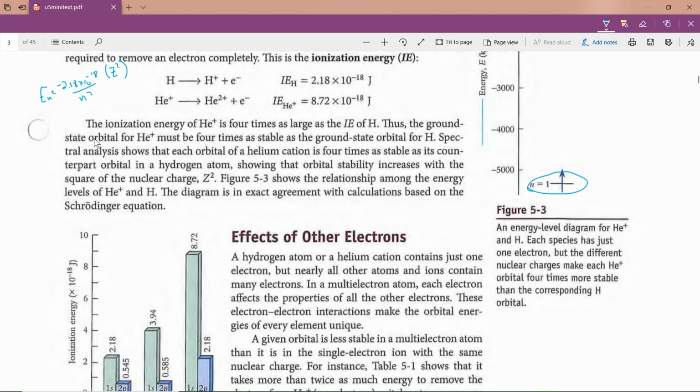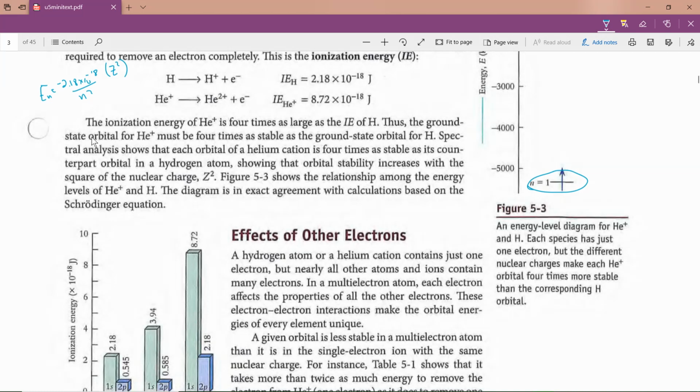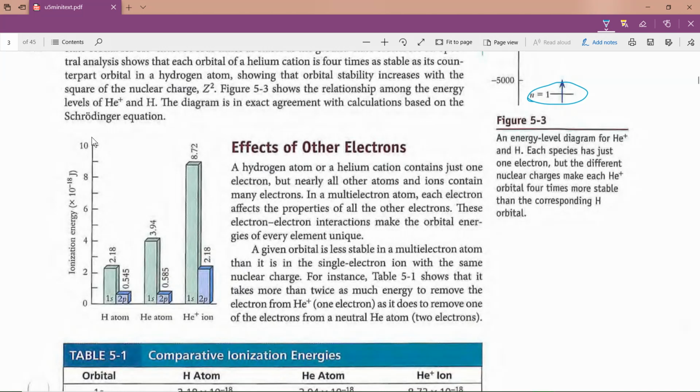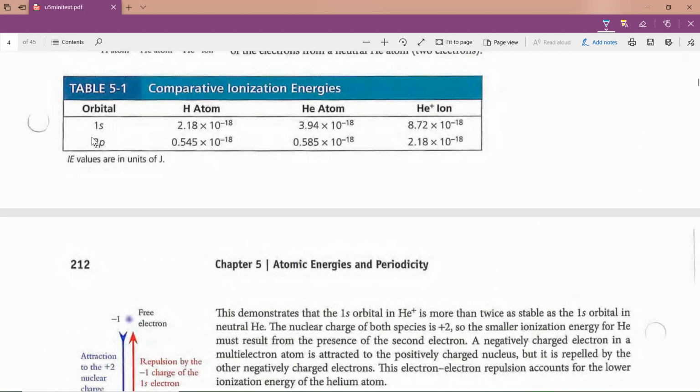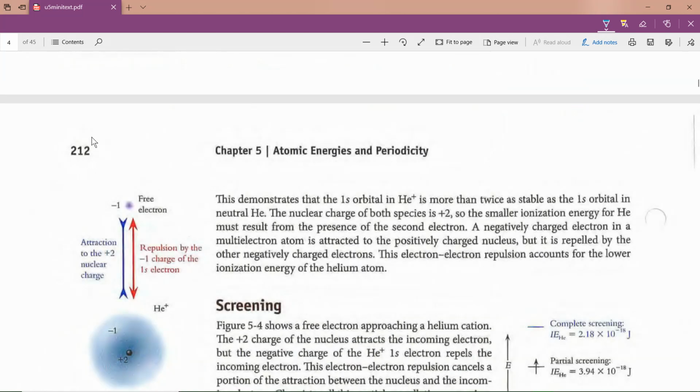That's why it's 4 times, because helium's atomic number is 2, 2 squared is 4. Lithium 2 plus you would multiply by 9, right? But it only works for one electron atoms. Effects on other electrons, well then it's a different story. So that's how that works.